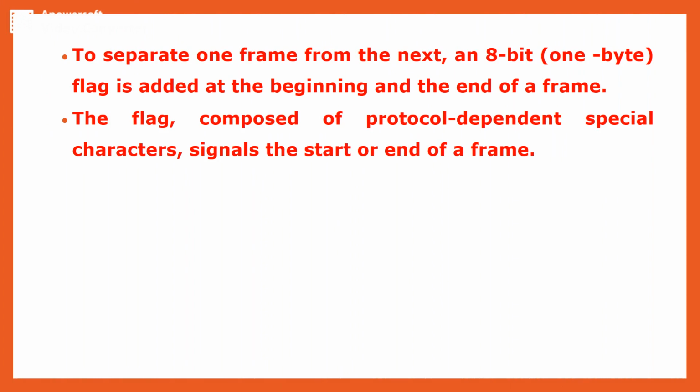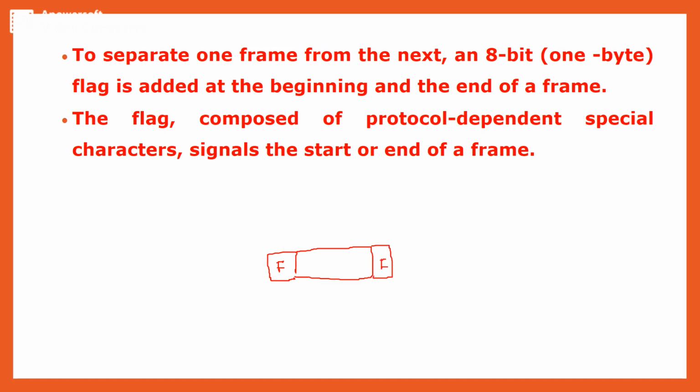To separate one frame from the next frame, an 8-bit information can be added at the beginning and the end of each frame, which is called a flag. I can say that the flag is of 8 bits or 1 byte. Suppose this is one frame, I need to add the flag at the beginning and at the end of each frame.